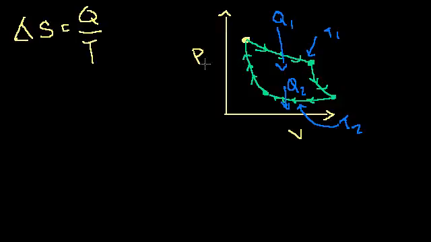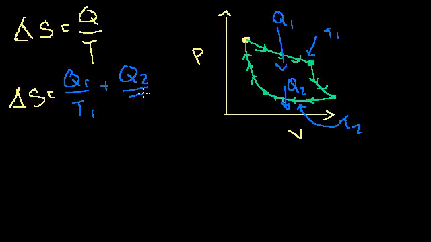When I looked at the Carnot cycle and used this definition of entropy, I saw that the total change in S, when I go all the way around and get back, was equal to Q1 over T1 plus Q2 over T2.